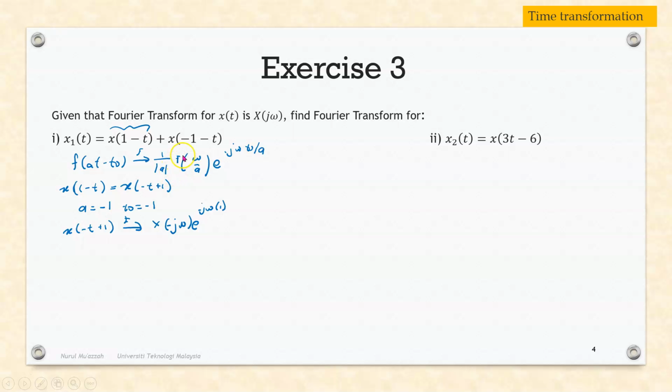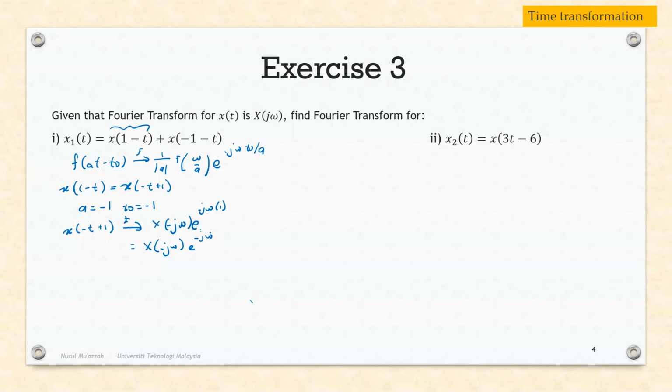F(ω/a) comes from X(jω), which should be X(-jω), because ω divided by a, with a negative 1, is negative ω. Then multiply by exponent negative jω t0 divided by a. With t0 negative 1 and a negative 1, it becomes 1. So for the first part, the Fourier transform is X(-jω) exponent negative jω.